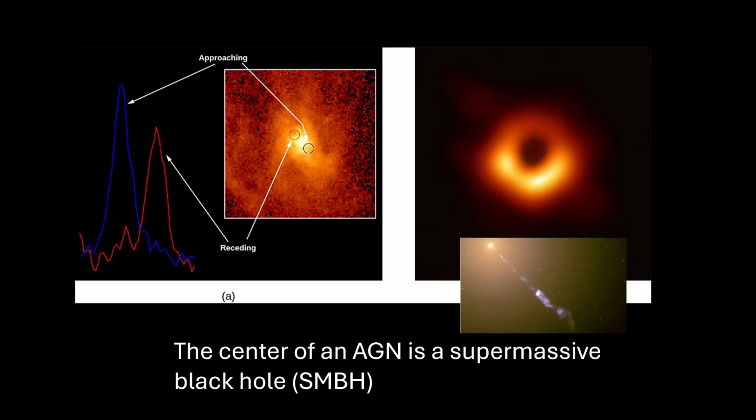Material near them is heating up to the point where it becomes very bright, or maybe they end up emitting a jet out of the pole of the black hole. The black hole itself is spinning, and so it'll emit a jet out of the top, the spinning axis of it, as a way to conserve angular momentum.